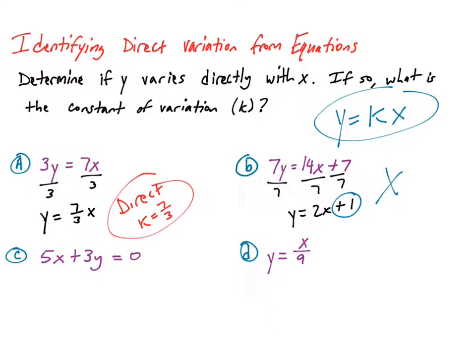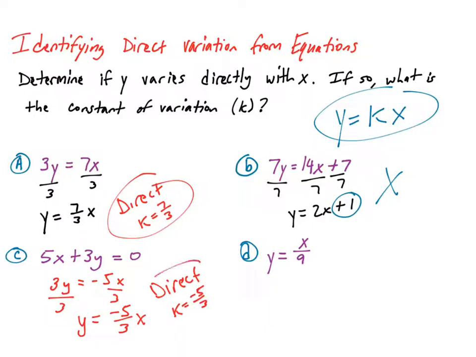To do that, we'll move the 5x by subtracting it. 3y equals -5x. We're going to go ahead and divide by 3. We're going to get y equals -5/3 x. So this is a direct variation, so it's in the right form. And our k value here is going to be -5/3.